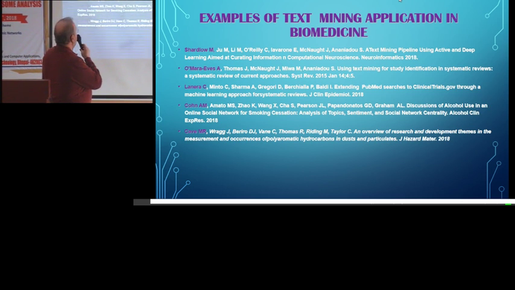The second uses text mining for identification in a systematic review related to systems biology, to find relations that can be used to modify mathematical modeling in systems biology. The other is a search on clinical trials. The other is interesting because it is text mining used in a social field, on the problem of alcohol dependency.